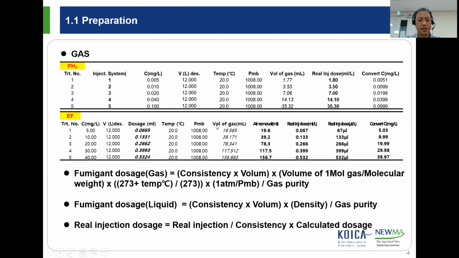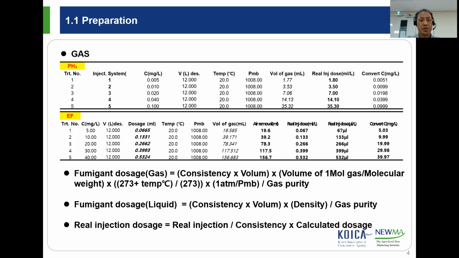Most fumigants are in a gas state under normal temperature and pressure. For mortality tests at lab scale, you should apply a certain mass of fumigant to the small chamber because the actual fumigant is injected by weighing mass.